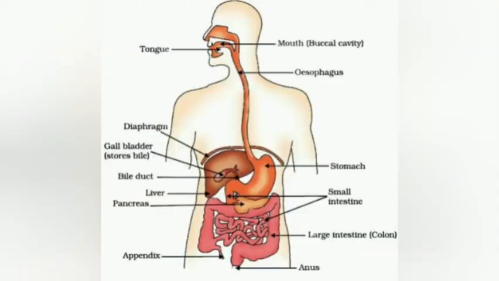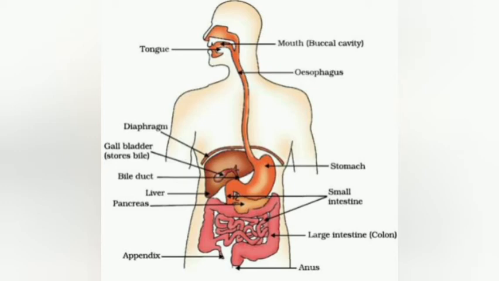This is the picture of the human digestive tract. From this picture, you can identify that the digestive system starts at the mouth. Then the mouth is followed by a narrow tube called the esophagus. That narrow tube, the esophagus, reaches the stomach where food is stored for 4 to 5 hours.